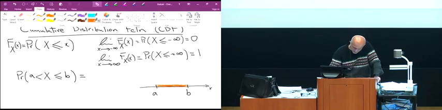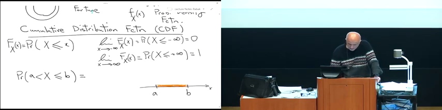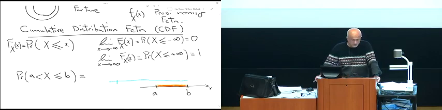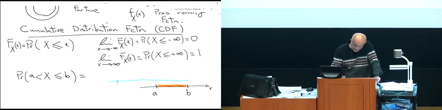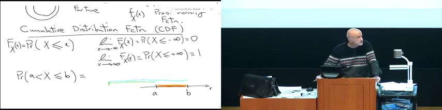Let's try this one. It's what? F of B is what? Everything to the left of B, right? Including B. And F of A is what? Everything to the left of A. How do I get the red region from the blue and the green? I subtract.